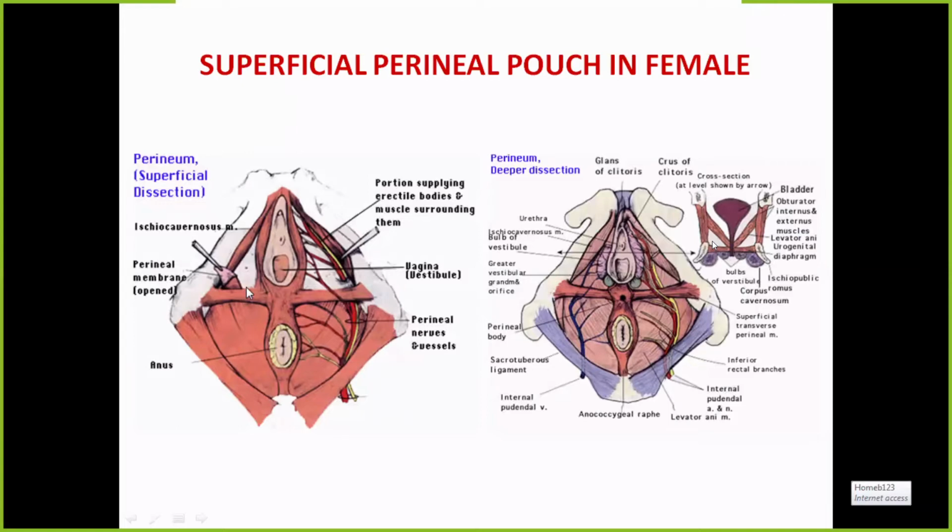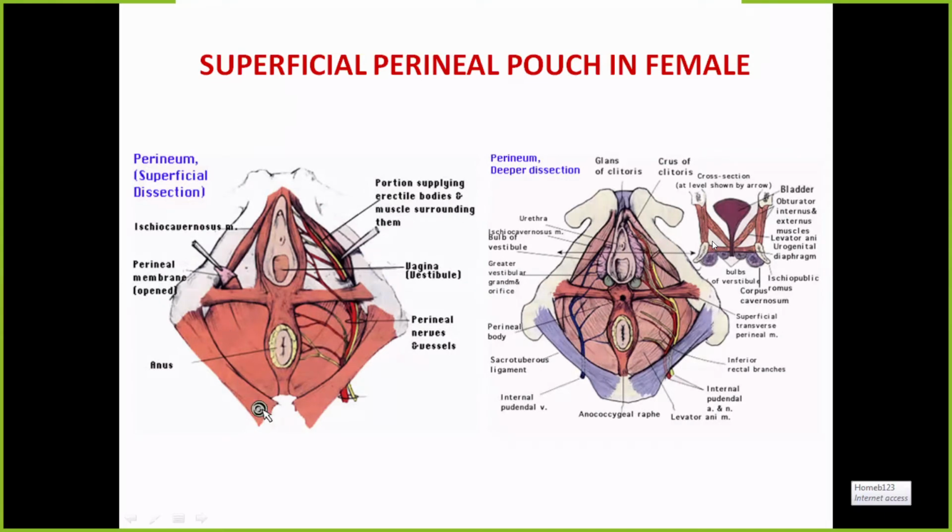This is the front portion: this is the ischiocavernosus, this is the bulbospongiosus, and this is the superficial transverse perineal muscle. When you remove this, in the deep portion are the deep perineal muscles and then the external urethral sphincter muscles. And the downward portion is the anal canal.